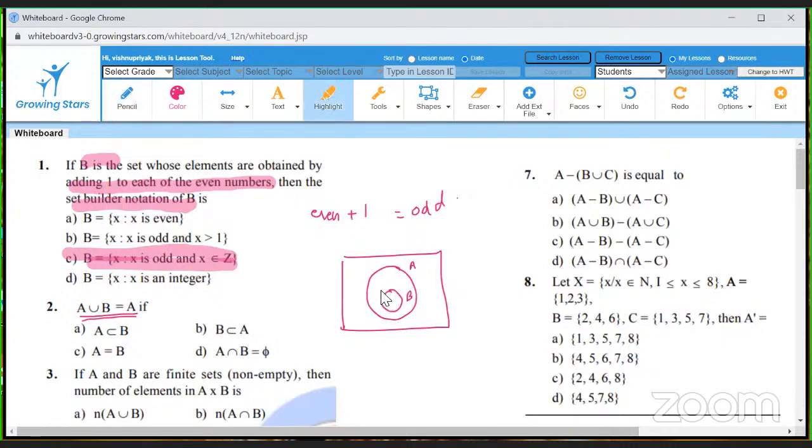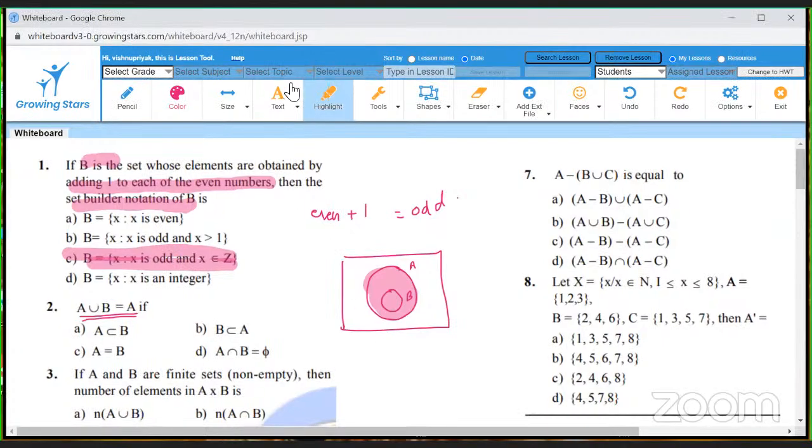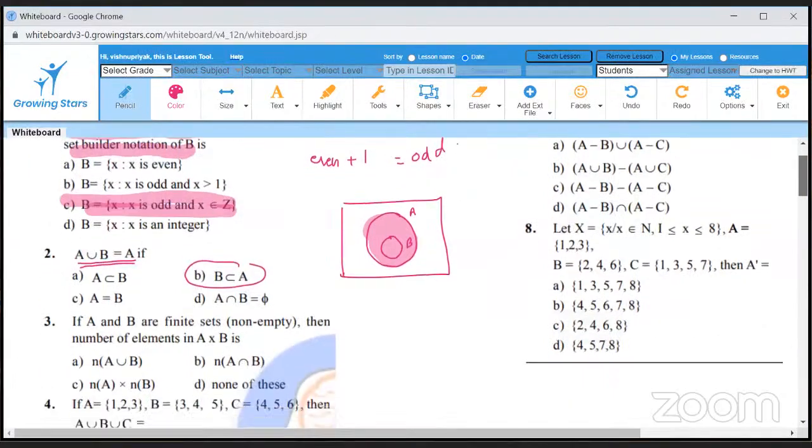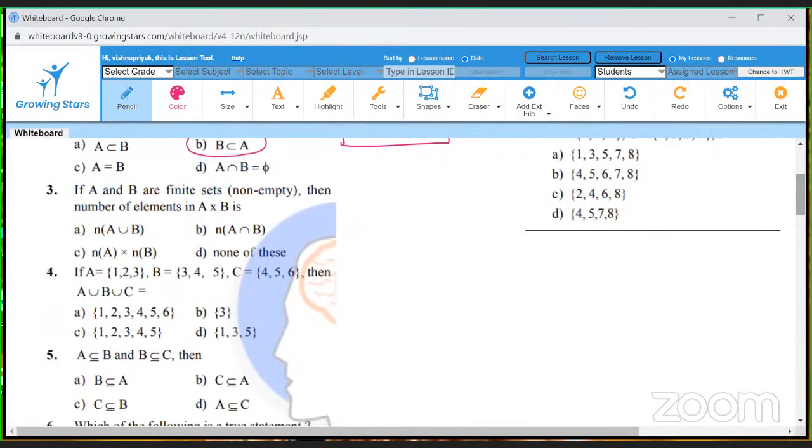So if you take circle A and circle B one time, then you can see A union B is A only. That means B has to be inside A. B has to be a subset of A. Correct.